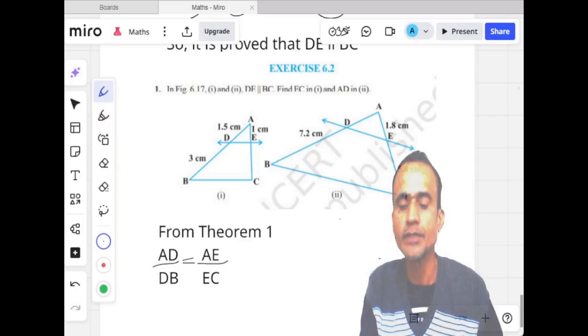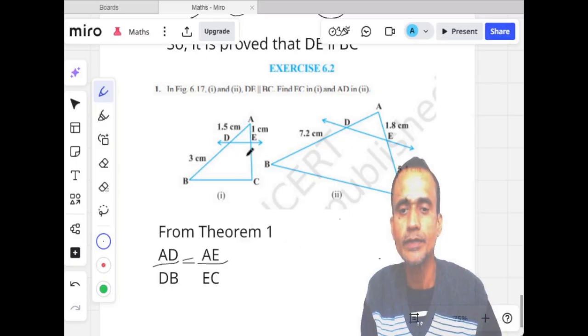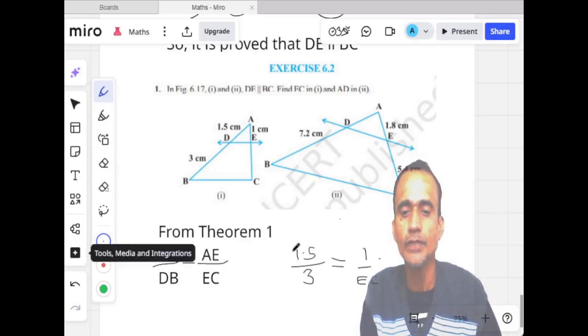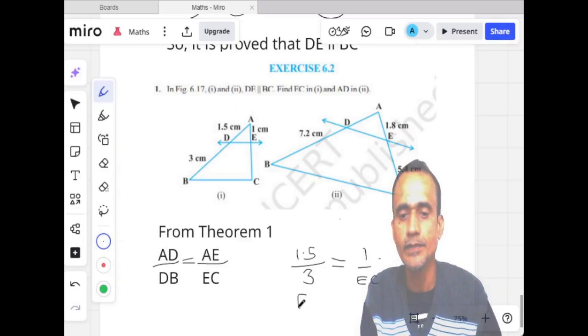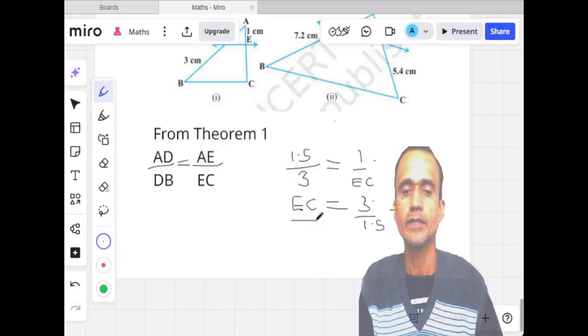Now let us input the values provided in the figure. So we get 1.5 by 3 is equal to 1 by EC. That means EC is equal to 2 centimeter.